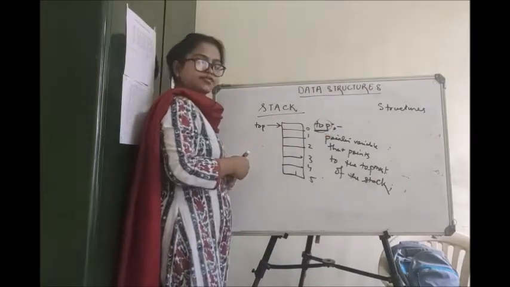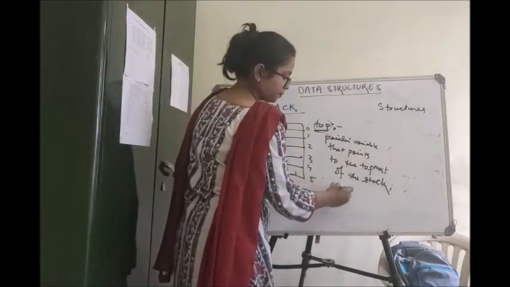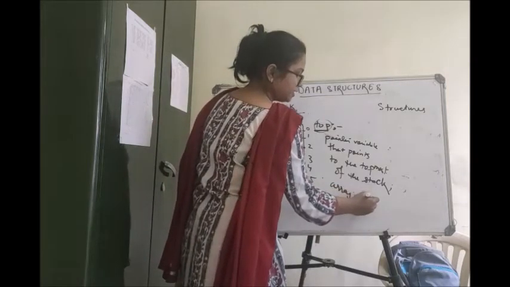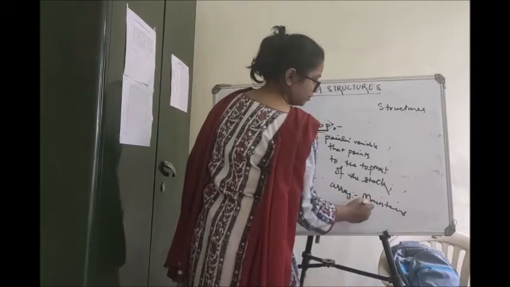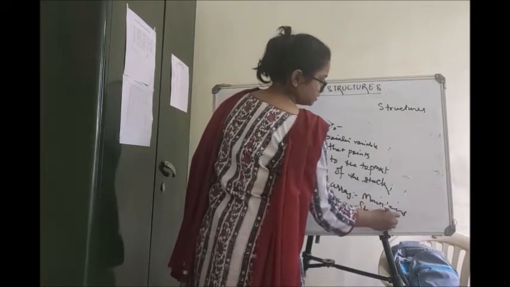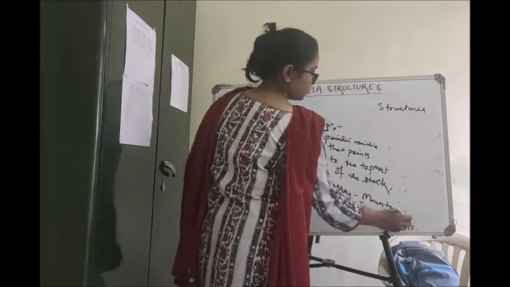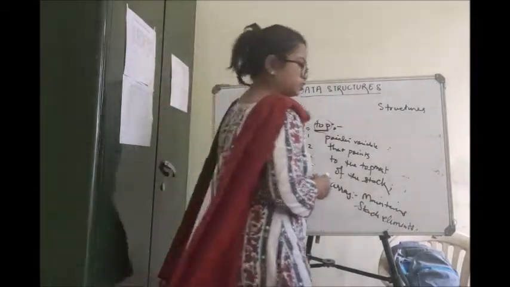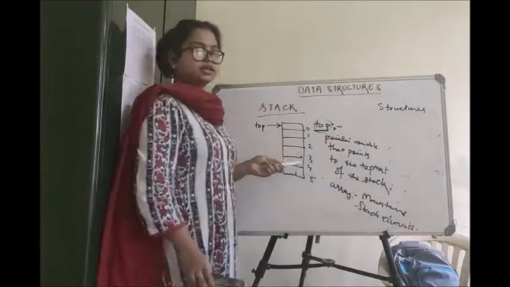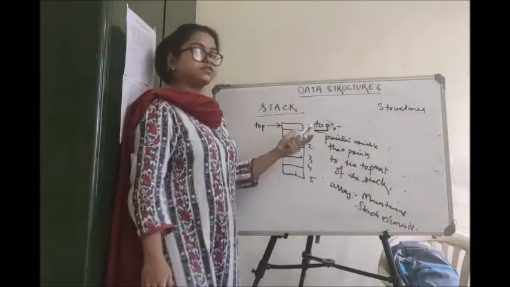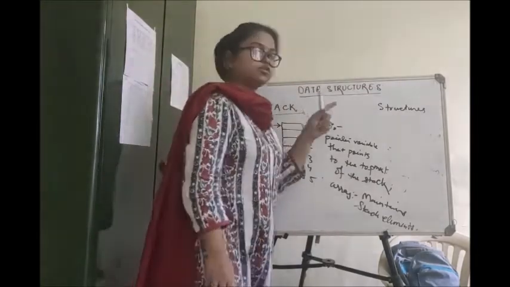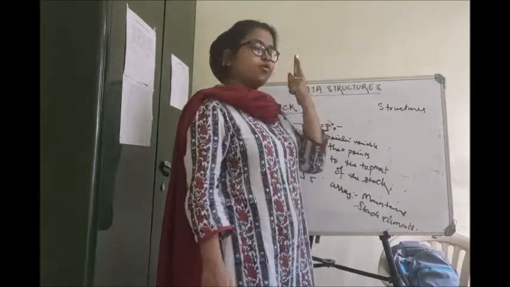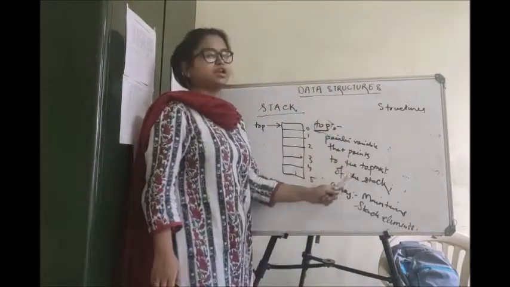And what is the array for? The array maintains stack elements. This point is clear, no? From a data structure view, what consists of a stack? A stack usually consists of an array and a variable called top, which points to the topmost element of the stack.